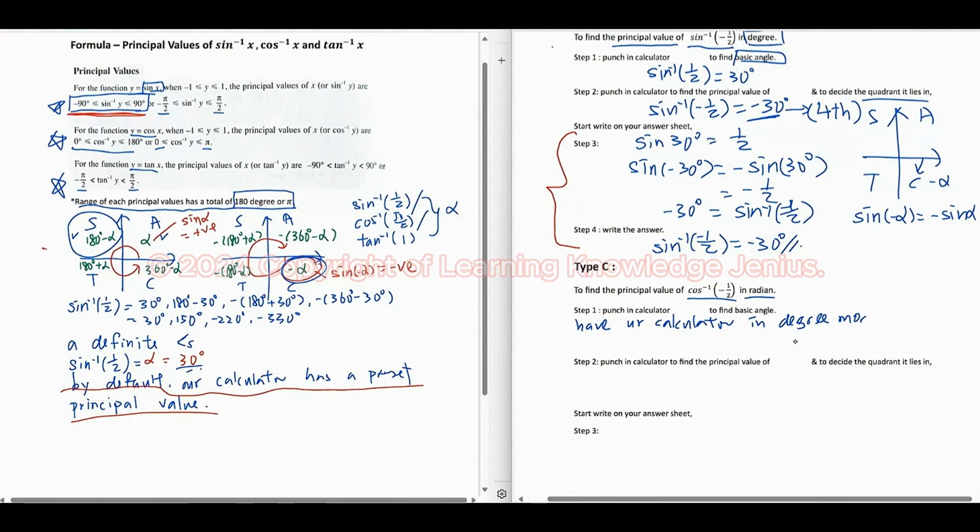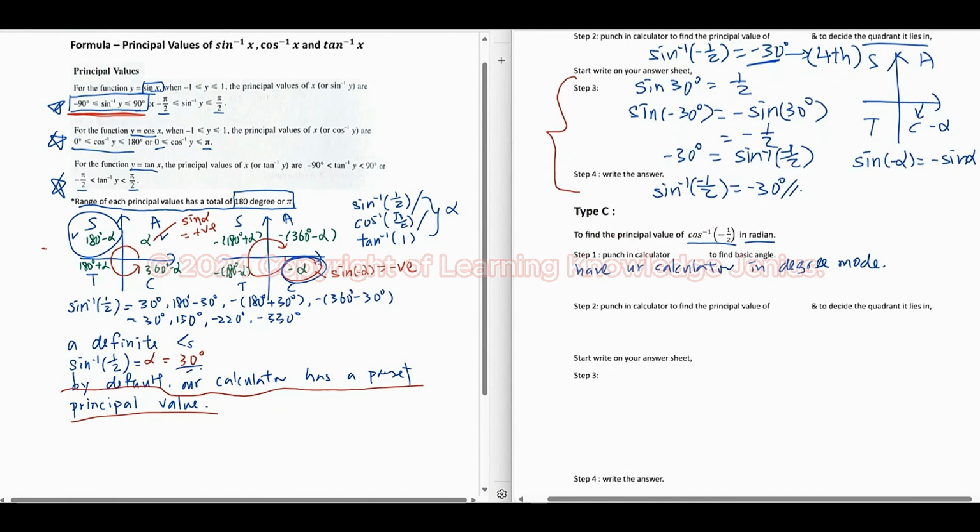The reason is in case the angle is a special angle. So keep your calculator in the degree mode when you're trying to find the basic angle. So it will be positive half. Then you will get the angle 60 degree.